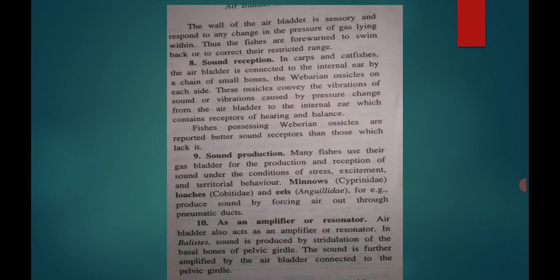In some fishes, sound is produced by the stridulation of the pectoral bones or the pelvic girdle, and the sound is further amplified by the air bladder connected to the pelvic girdle.